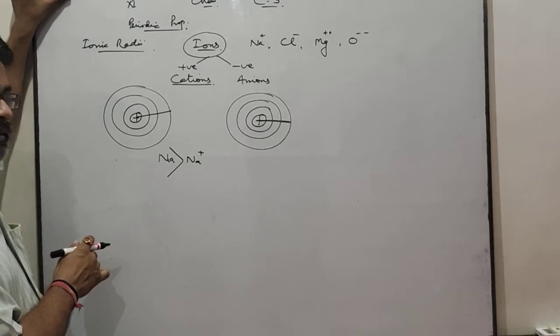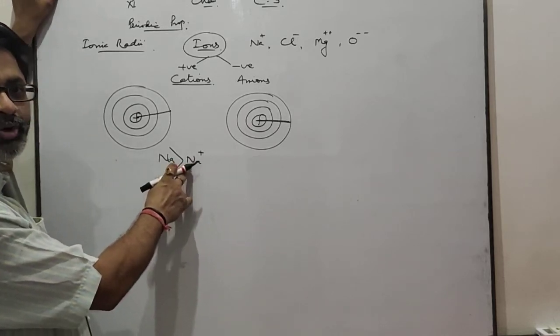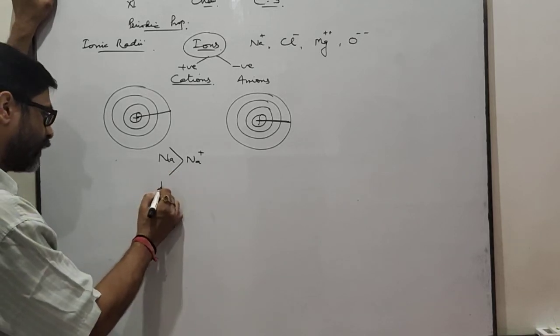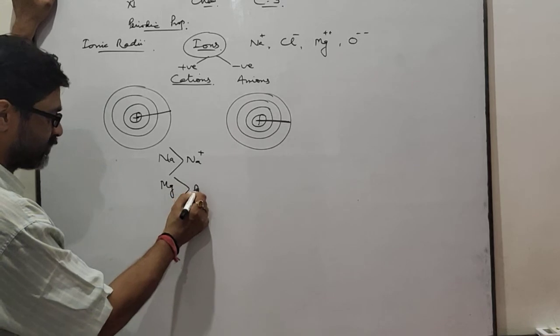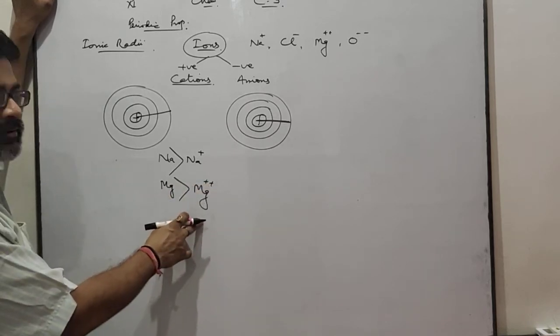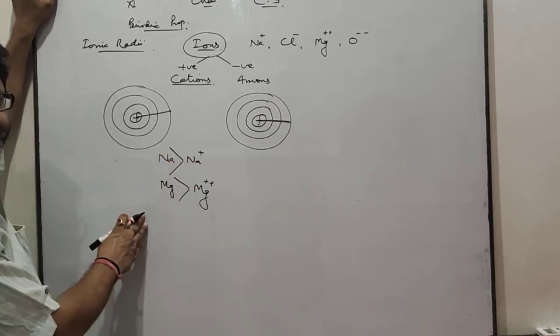Means the size of a cation, positive ion, is always smaller than the neutral atom. Here also Mg, Mg2+. Mg is greater than Mg2+. The size of a cation is always smaller than the neutral atom.